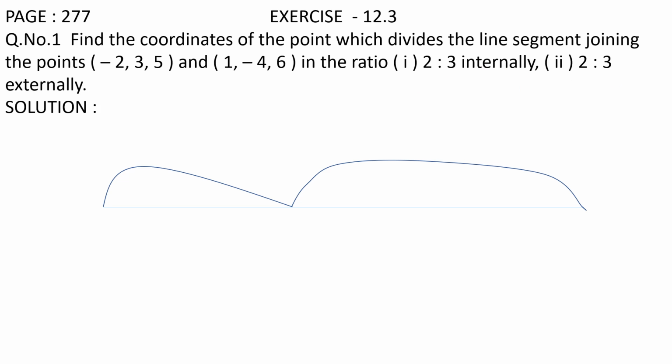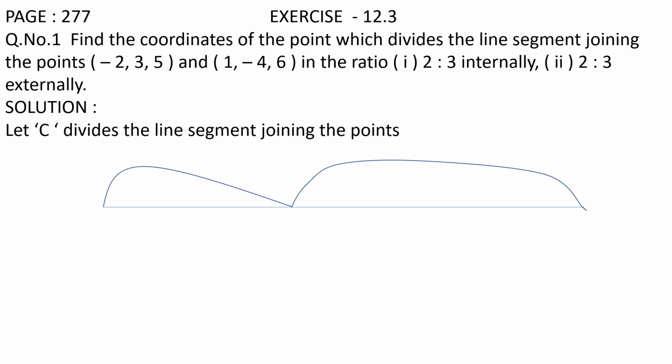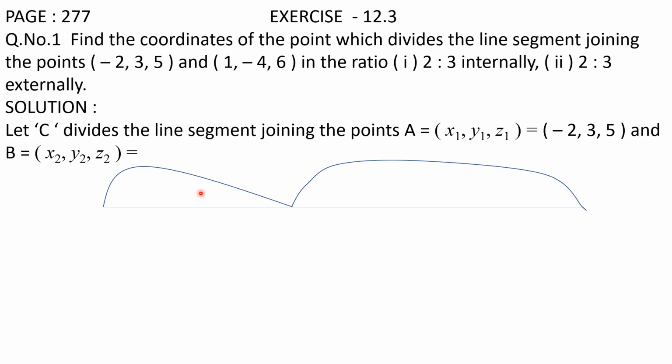Now come to the solution part. Let us see, divides the line segment joining the points A is equal to x1, y1, z1 that is equal to -2, 3, 5 and B is equal to x2, y2, z2 that is equal to 1, -4, 6, internally in the ratio m is to n, that is 2 is to 3.